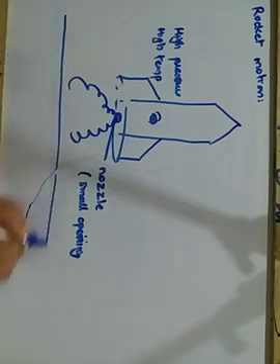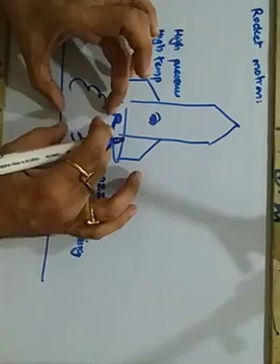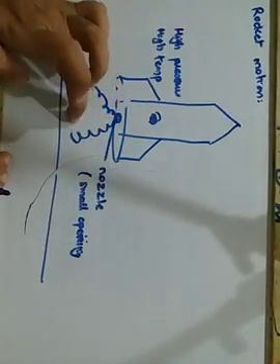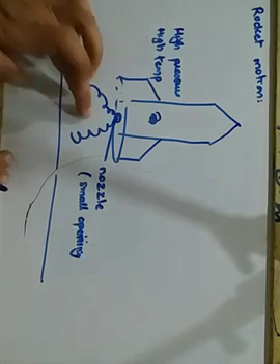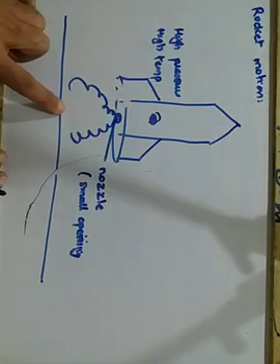Let us take this as a ground surface. The rocket is placed at some distance. A space is kept over here so that the fumes, the smoke, the gases which are discharged come out through the nozzle and hit the ground.